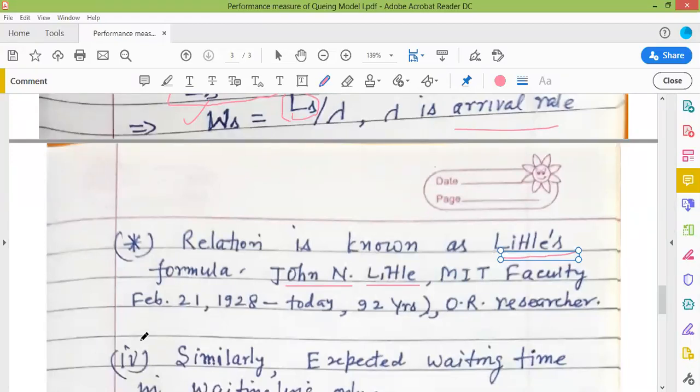I would like to tell you only that his date of birth is 1928. I was thinking he is no more, but he is nowadays 92 years old and an OR researcher, and we are studying researches made by him during his tenure as an active researcher.